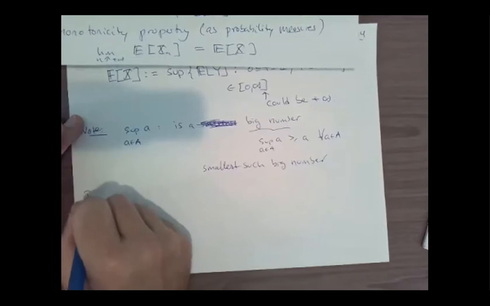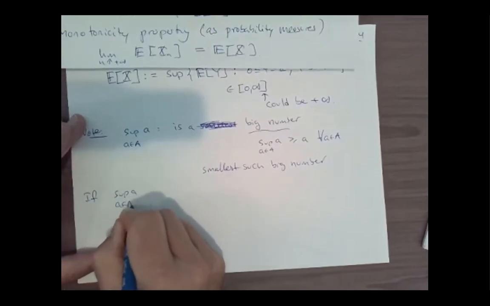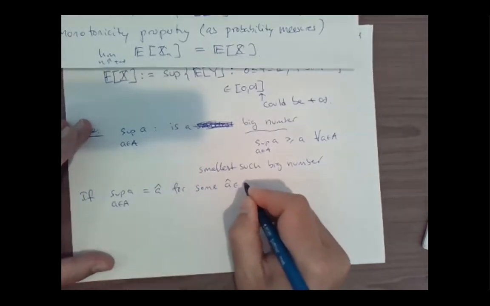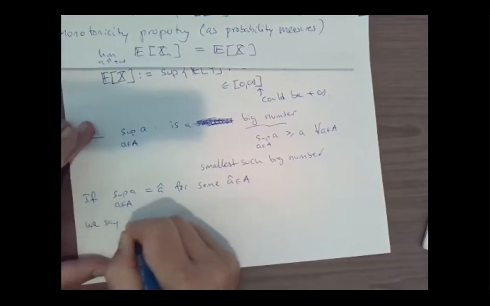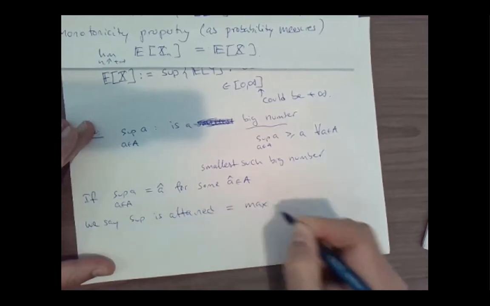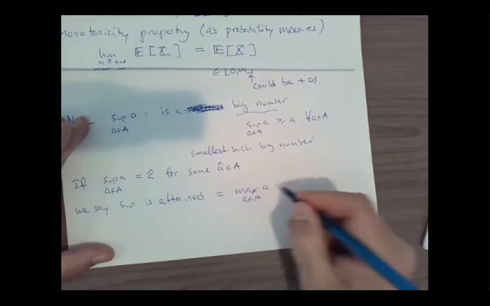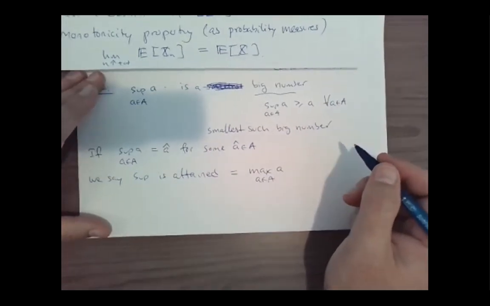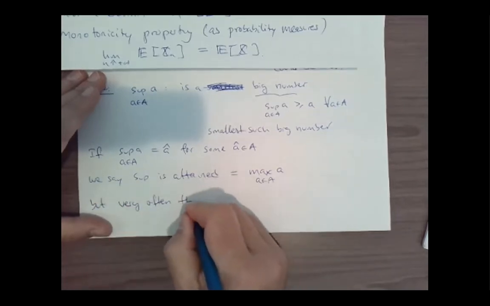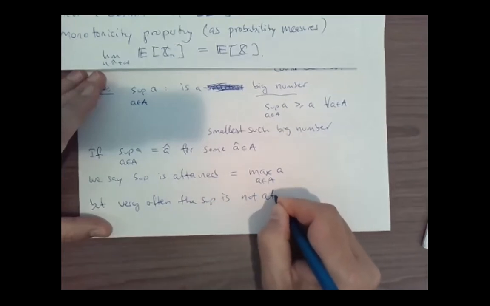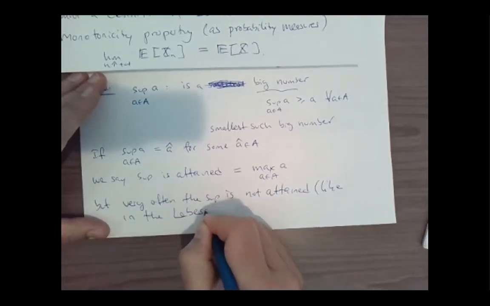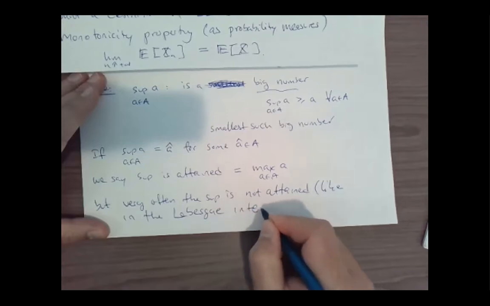If the supremum is equal to, say, a hat for some a hat in A, we say that the supremum is attained and is equal to the max over a in A. But very often the sup is not attained, like in the Lebesgue integral definition.